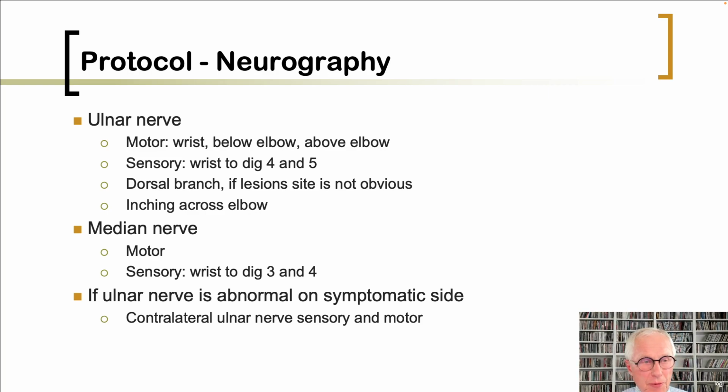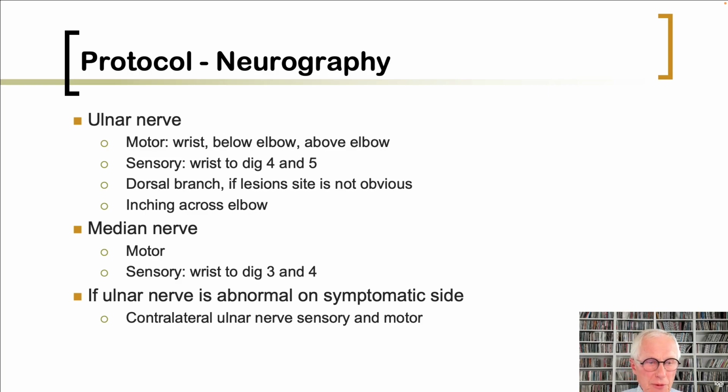Our protocol for ulnar neuropathies is we do ulnar motor, stimulating at the wrist, below elbow and above elbow, and sensory, wrist to digits 4 and 5. If the site of the lesion is not obvious, we do the dorsal branch as well.